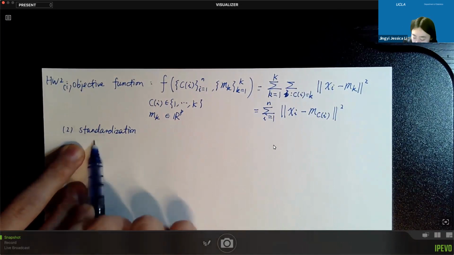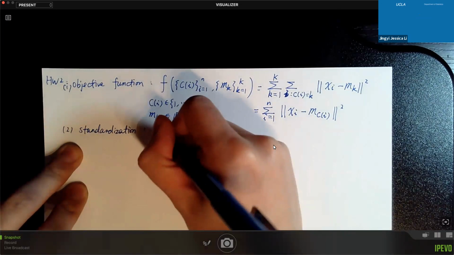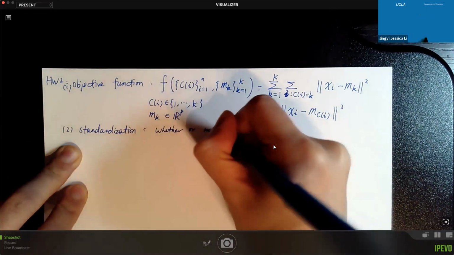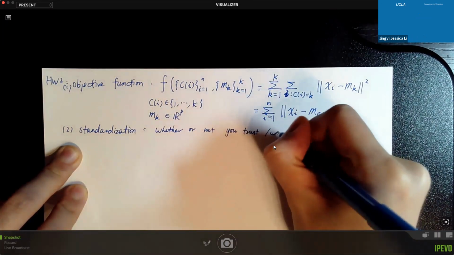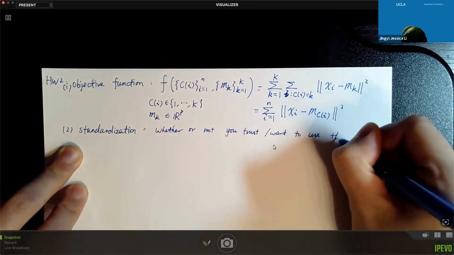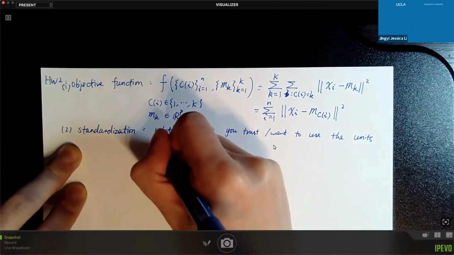So whether standardization is needed or not depends on whether or not you trust or you want to use the units of your features.